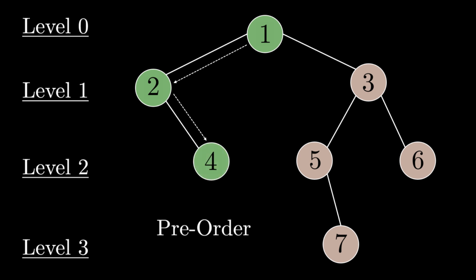We have now visited both subtrees of node 2, so we move on to the right subtree of node 1, starting at node 3. From there, we go to the left child, node 5, and node 5 has no left child, so we go to its right child, node 7. After visiting node 7, we return to node 3 and visit its right child, node 6.